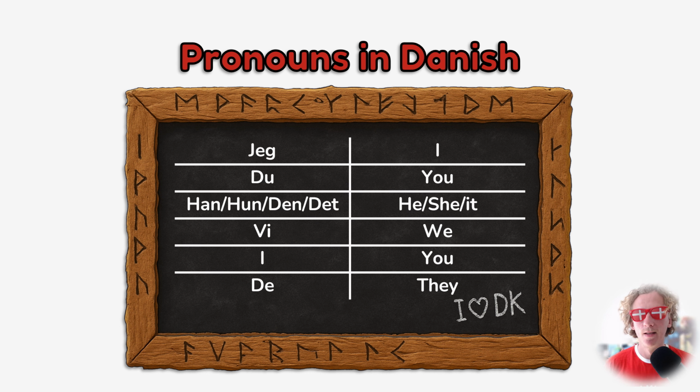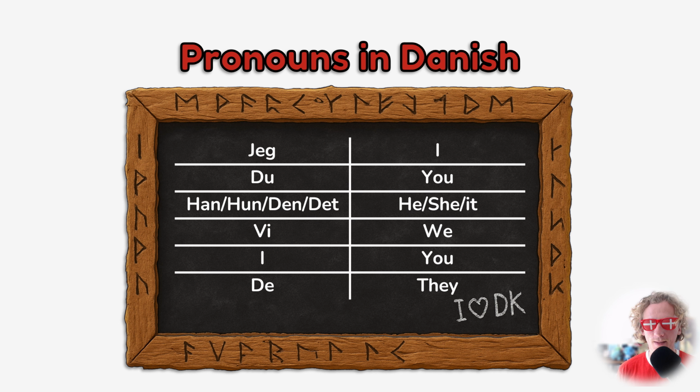Very good. So, jeg means I, du means you, han, hun, den, det means he, she, or it. Den or det, which one we use depends on which article the noun has. So if you don't know about the articles, check the previous video on this topic.